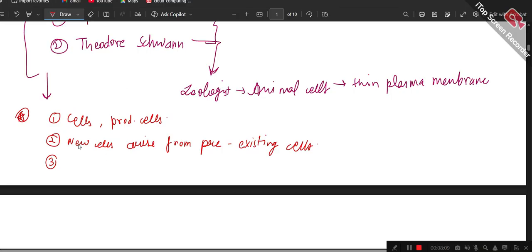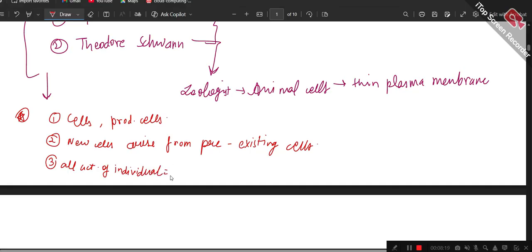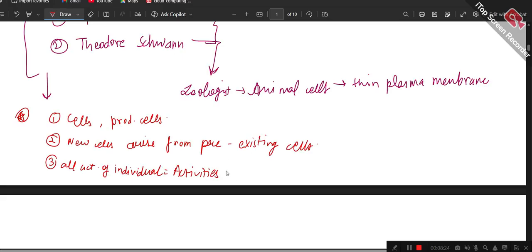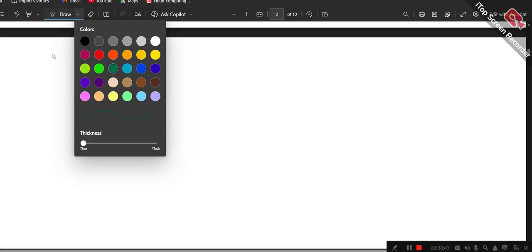That means all the activities of an individual are a result of the activities in the cell. So these three were the cell theory part, which is very, very important. The cell theory was given by these two people. This can be asked to you to write it down.